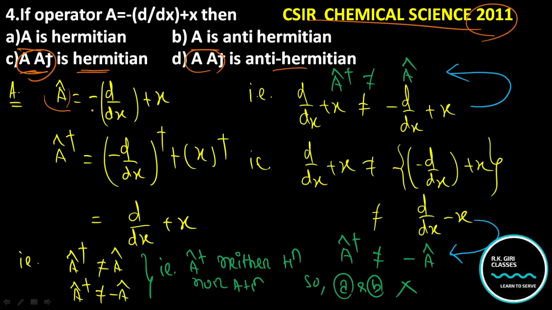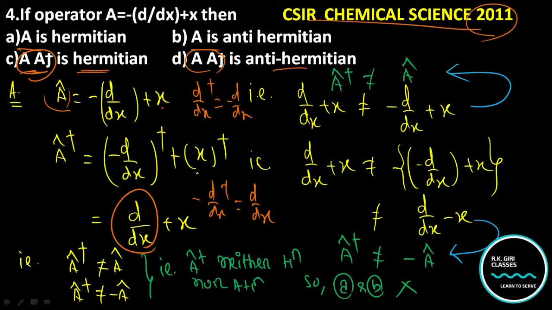That means your A is equal to minus d by dx plus x, and you already know d by dx dagger is equal to minus d by dx. Yes, and minus d by dx dagger is equal to d by dx. So its result is d by dx, and this x, you know that this is position, and all the quantum mechanics operators are already Hermitian operators. So this is d by dx plus x.